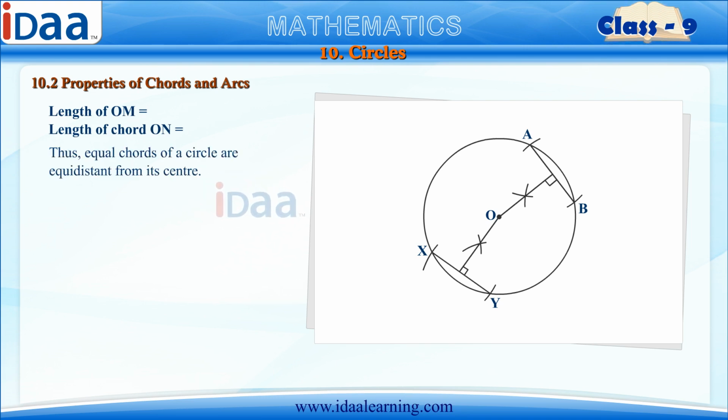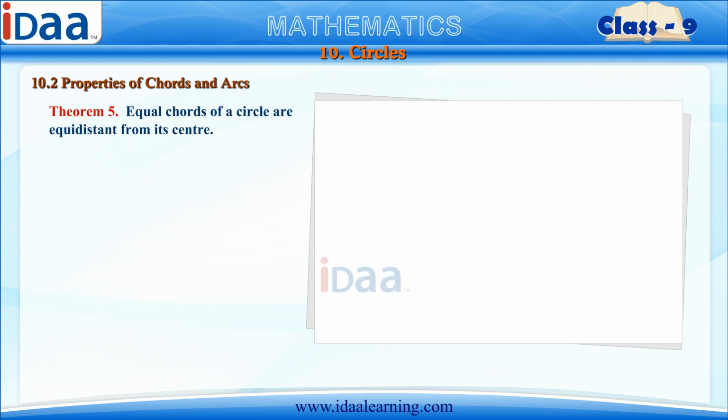Thus, equal chords of a circle are equidistant from its center. We can prove this result logically. Theorem 5. Equal chords of a circle are equidistant from its center. Proof.